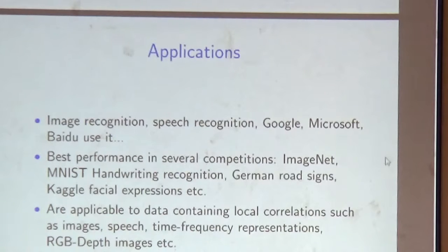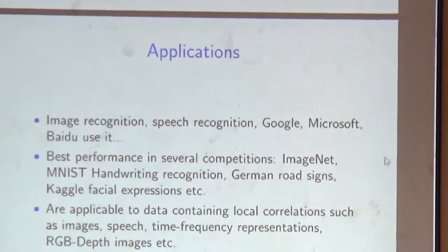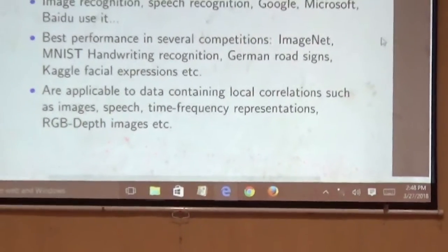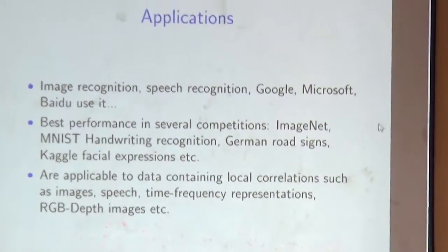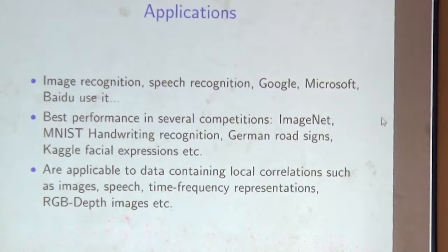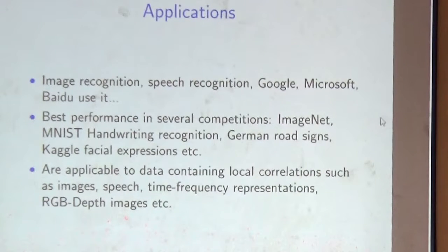So you can get accuracies unachieved till date with conventional handcrafted feature and classifier methods, by using learned classifiers or learned feature extractors. I'll come to that a little bit later.